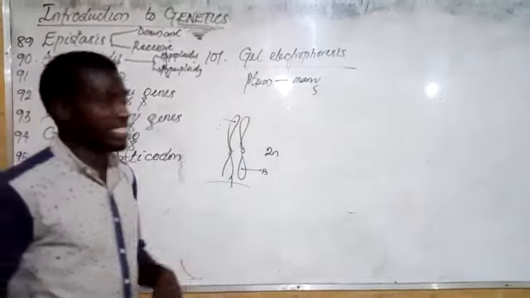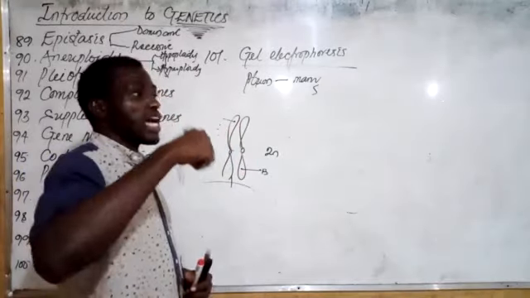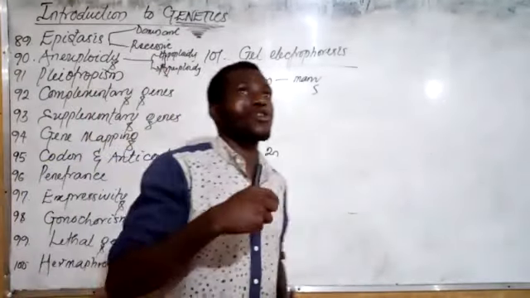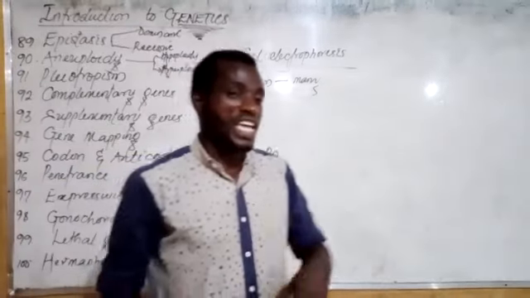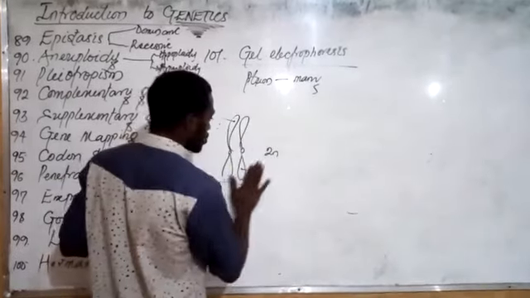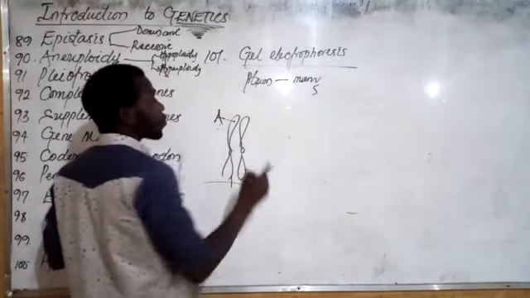Now what it means is that a particular gene has more than one influence, as it has influence on many traits. Okay, yes, that's the best word. That a gene at a particular locus, one locus, influences more than one trait.